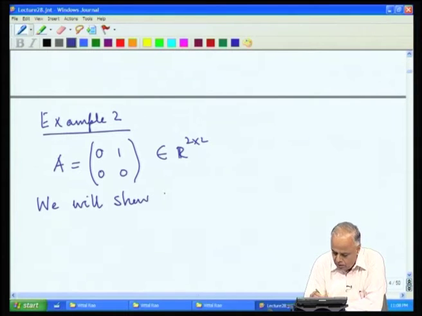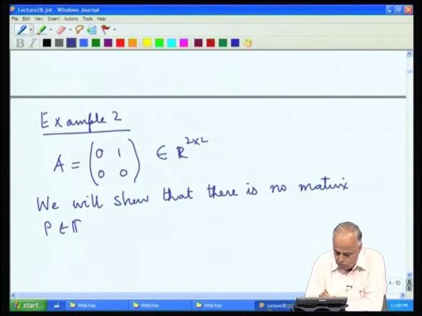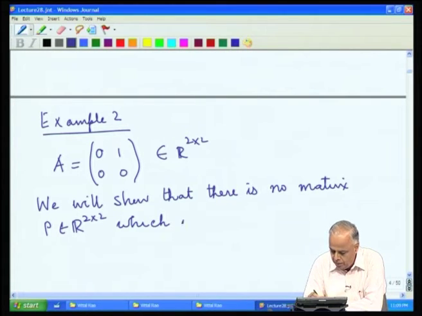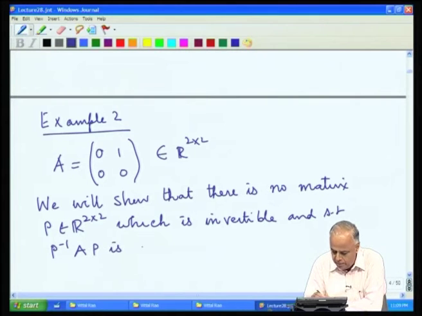We will show that there is no matrix P in R 2 by 2 which is invertible and such that P inverse A P is a diagonal matrix.